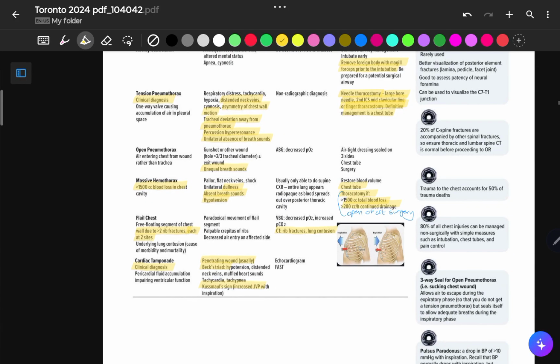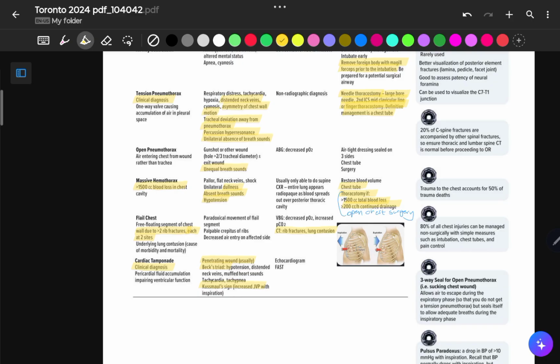So massive hemothorax: meaning the patient has an accumulation of more than 1,500 cc of blood in the chest cavity. Remember, you feel dullness to percussion on the affected side.